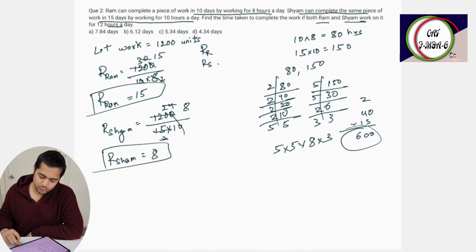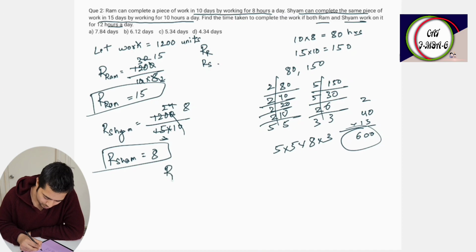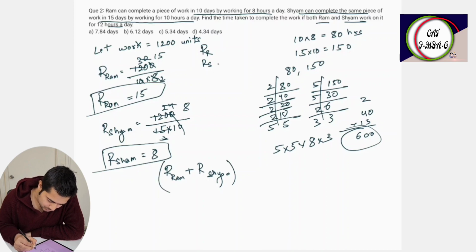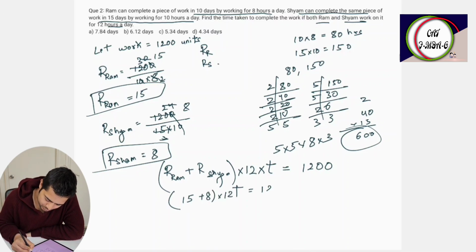Find the time taken to complete if both Ram and Sham work for 12 hours. Days we do not know. Let the number of days be T, equal to the total work. So the rate of Ram, 15, plus Sham, 8, into 12T is equal to 1200.